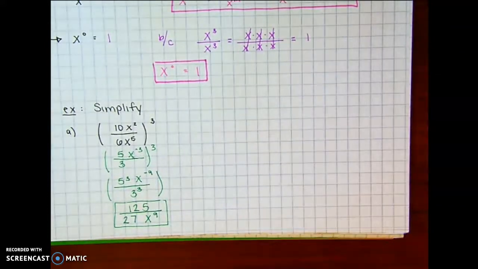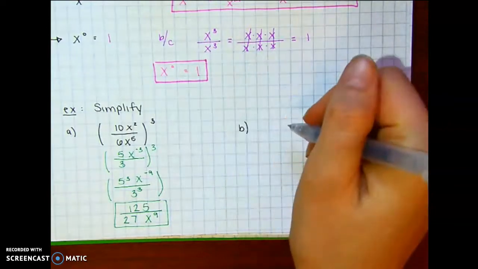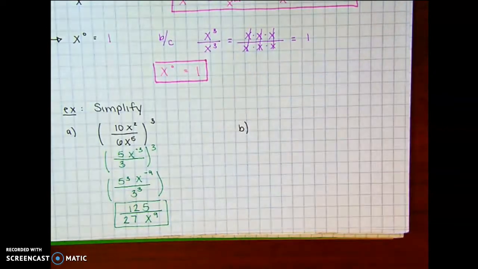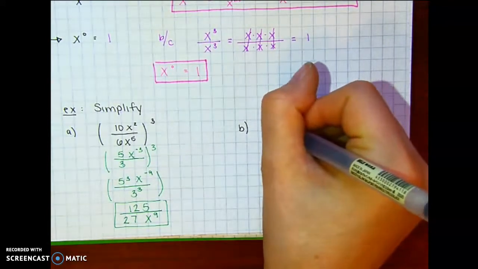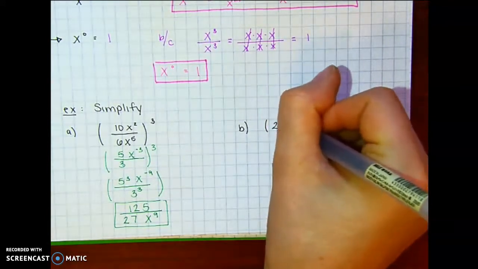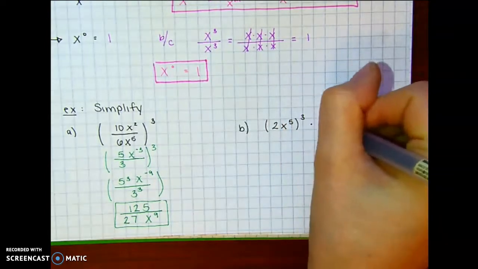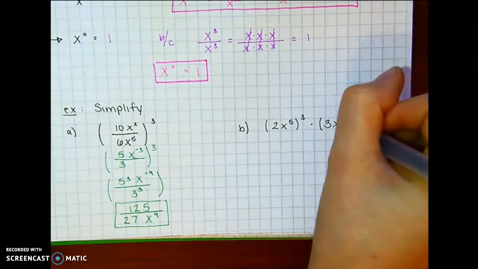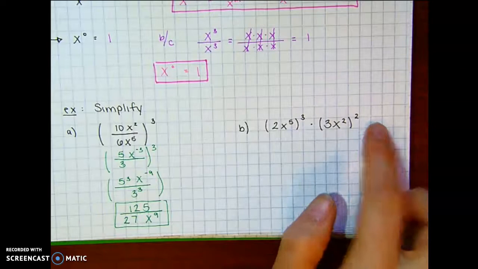One more example. We'll do more practice in class. Let's do a multiplying one. So if you have 2x to the 5th, all to the 3rd, times 3x squared. You have to take care of the exponent first.